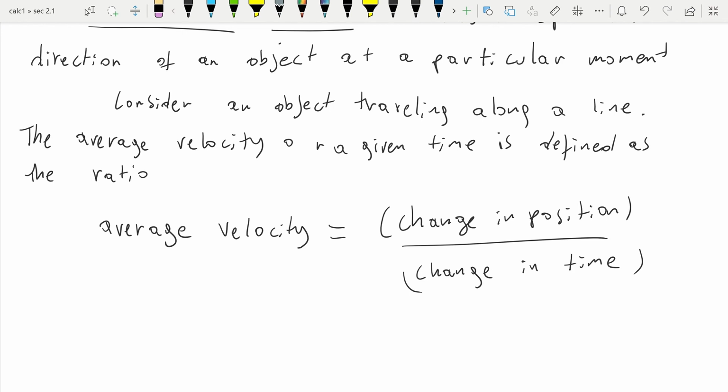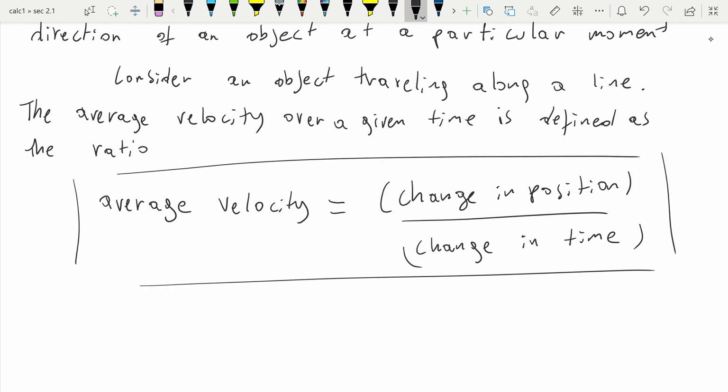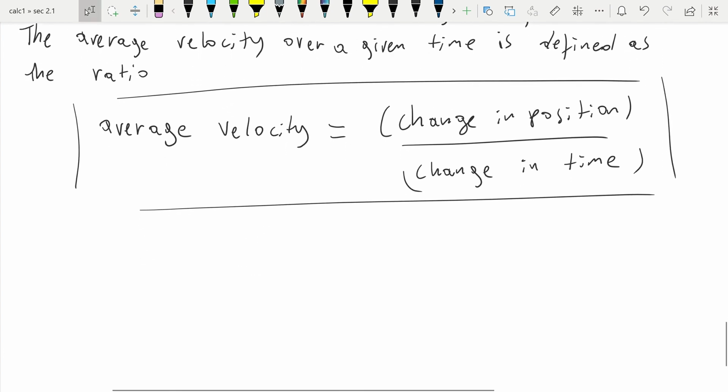This is a formula that we all know, and for this we don't need calculus, of course.